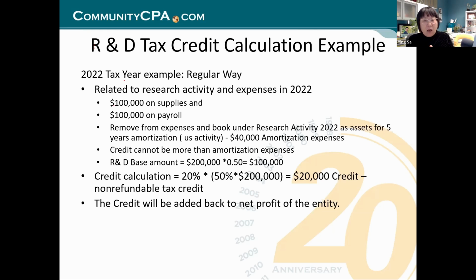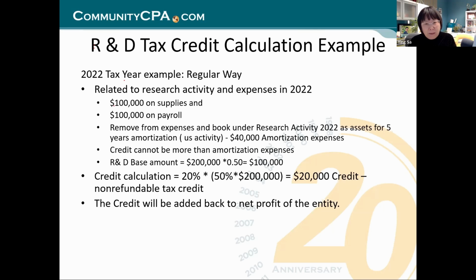Now, this 40,000 needs to be greater than your tax credit. It is really not even an apple to apple comparison, right? Because our 40,000 is what? It's a tax deduction. And our tax credit is really not even the same category.